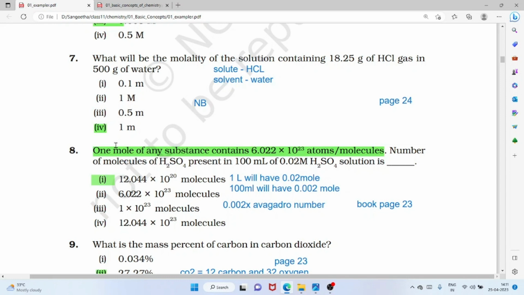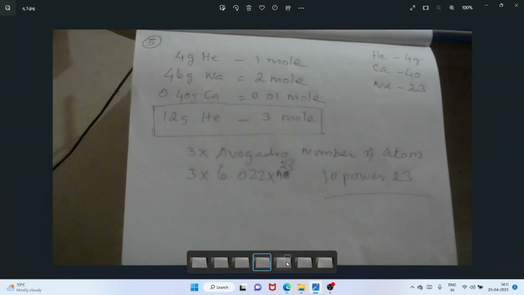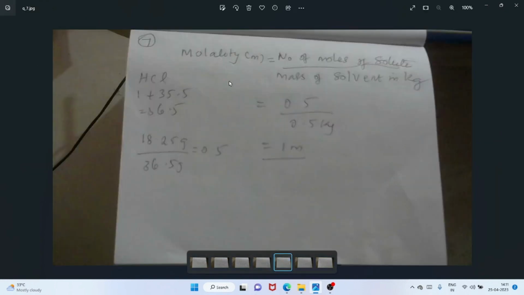What will be the molality of the solution containing 18.25 gram HCl gas in 500 gram of water? Okay, what is the molality? Number of moles of the solute divided by the mass of the solvent in kilogram.